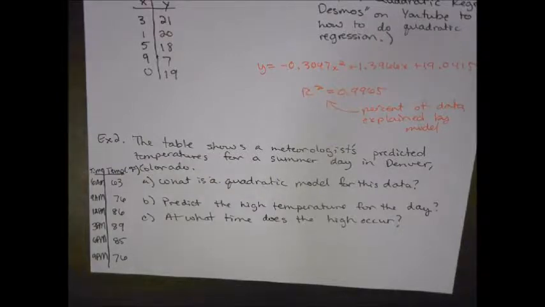Now that you've written it down, the table shows the meteorologist's predicted temperatures for a summer day in Colorado. So here's our table. I noticed that my time is an actual time. We're not going to be able to just plug that straight into Desmos, so we're going to have to think about how we can represent those numbers. Let's look at our questions first, though. What is a quadratic model for this data?